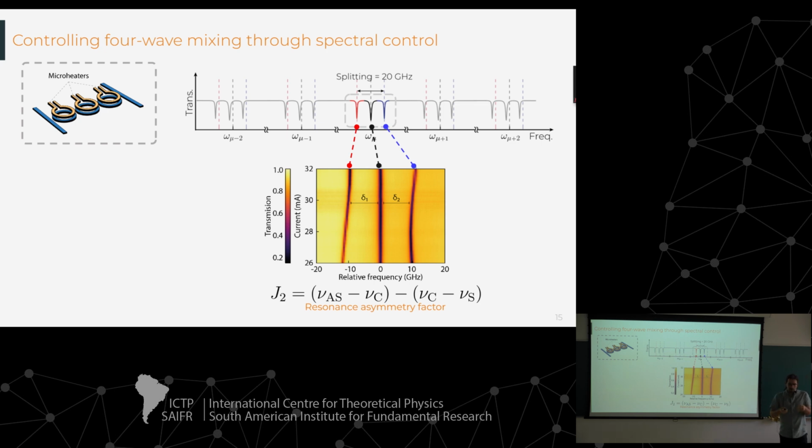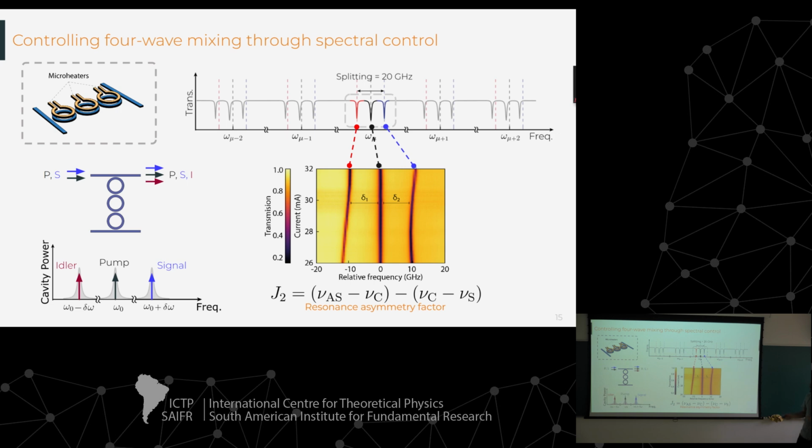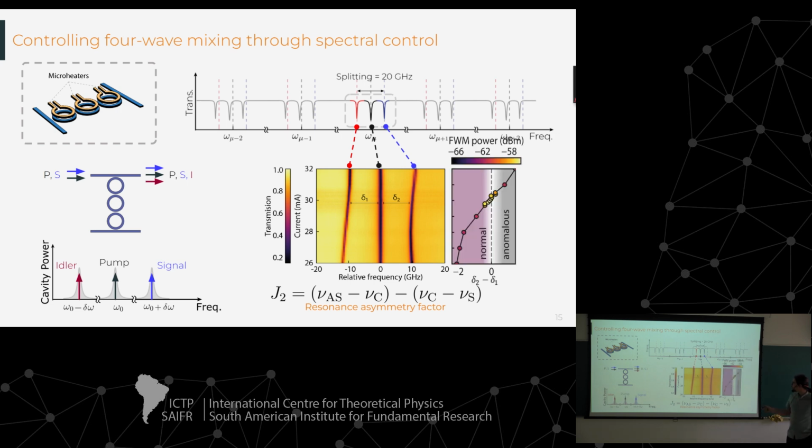So we have dynamic control of these distances. And with a stimulated four-wave mixing phenomenon, we can show that, for example, near zero dispersion, we have higher conversion efficiency as compared to when we are far from the equally distant situation.